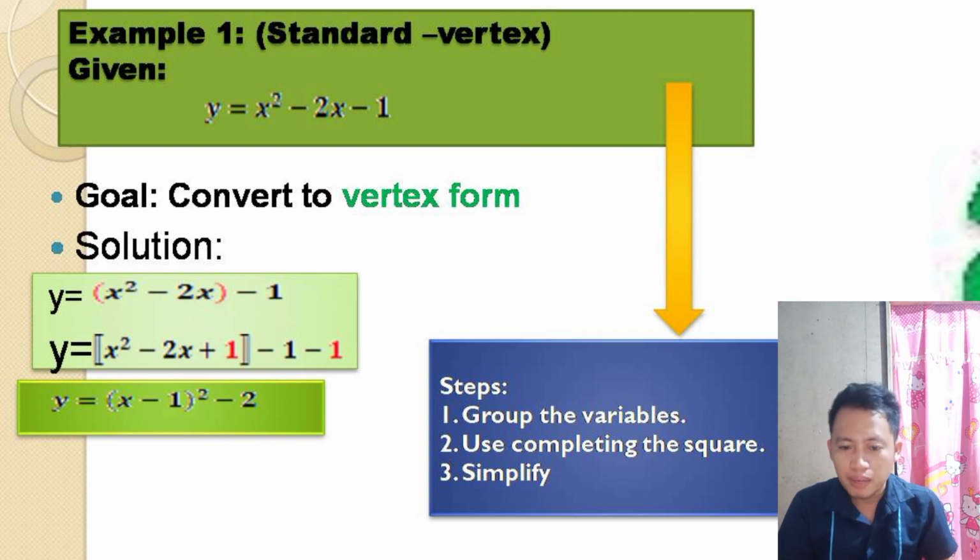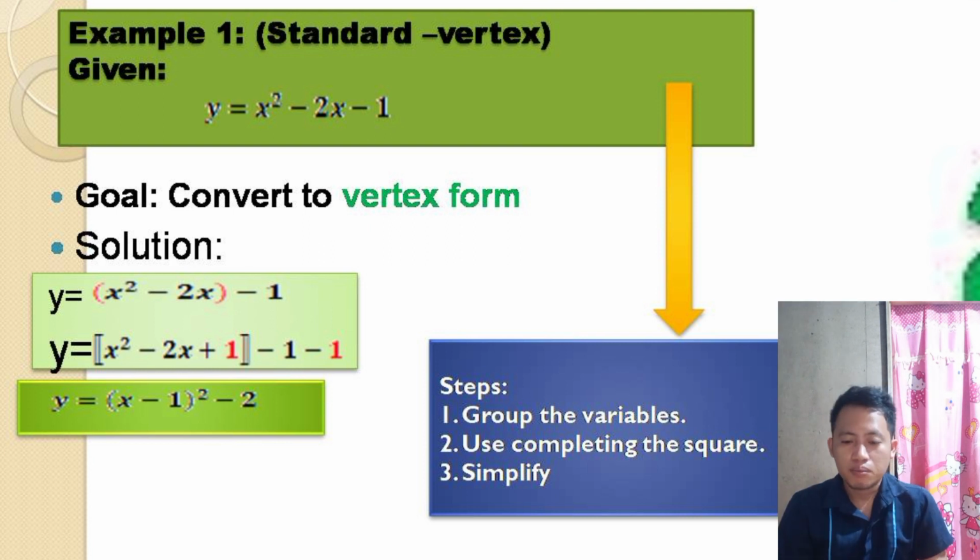Negative 2 divided by 2, we have negative 1. Square it. Negative 1 squared equals 1. Therefore, write 1 inside the bracket. Then write also minus 1 to the outside of the bracket. So magiging x squared minus 2x plus 1, then minus 1 minus 1.